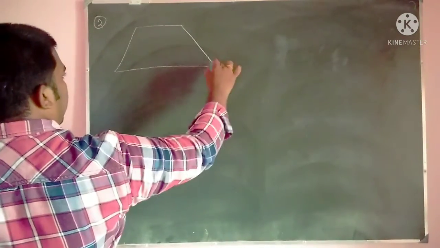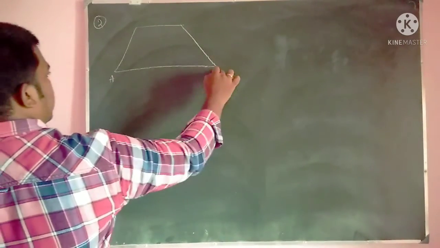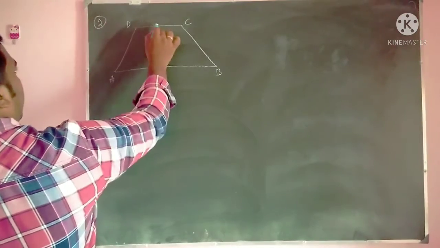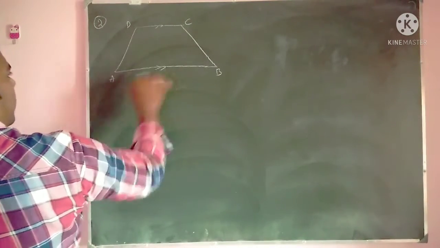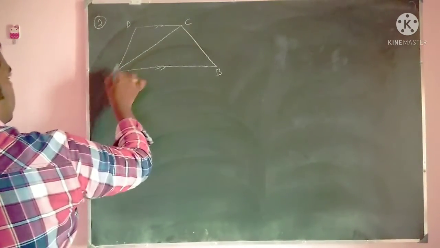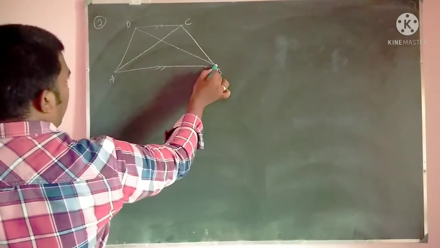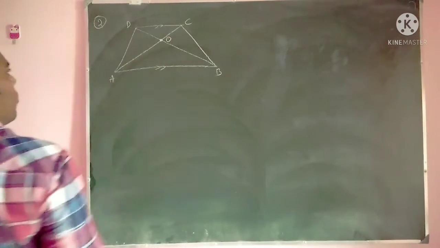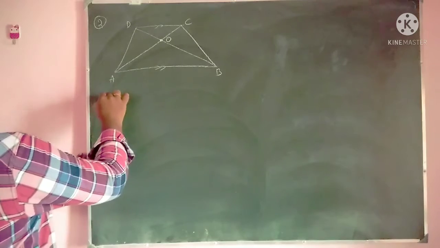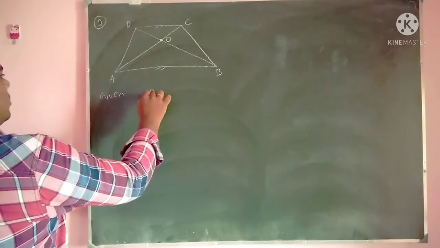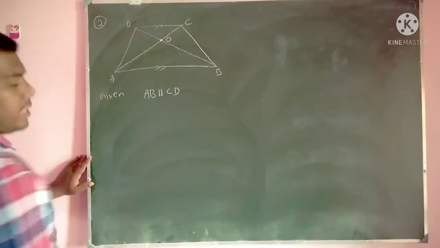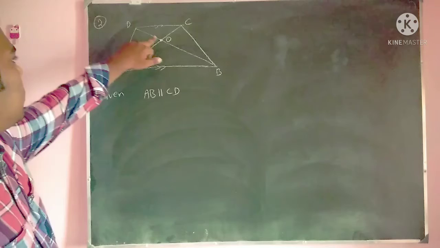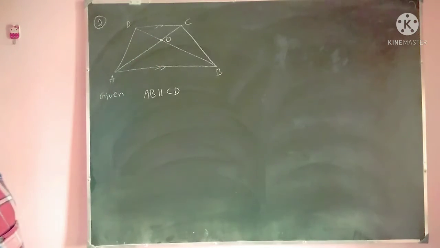Suppose ABCD is a trapezium with these two sides parallel, and the diagonals intersect at O. Given AB is parallel to CD, and O is the point of intersection of diagonals AC and BD.